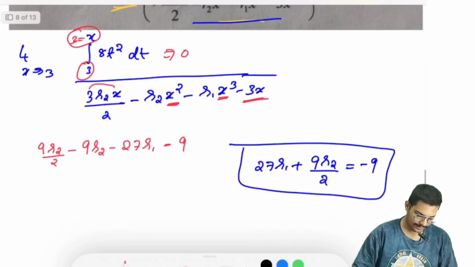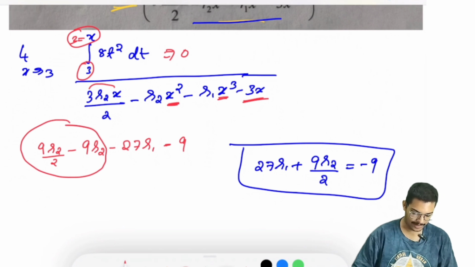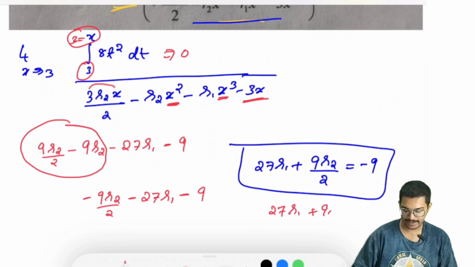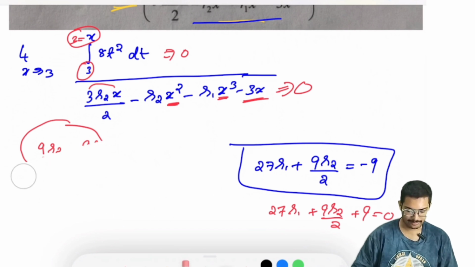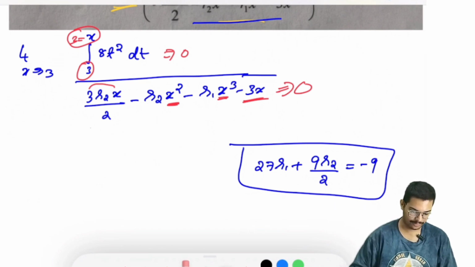Now, if you simplify this one, it will be minus 9 r2 divided by 2 minus 27 r1 minus 9. Now, if you take this quantity here, 27 r1 plus 9 r2 divided by 2 plus 9 equals 0. Similarly, if you take a negative sign, at x equal to 3, the whole denominator becomes 0. So, we should apply L'Hospital rule. Now, we can proceed with the L'Hospital rule.